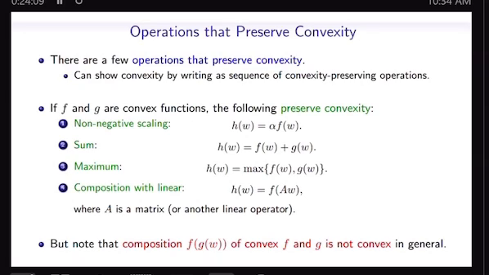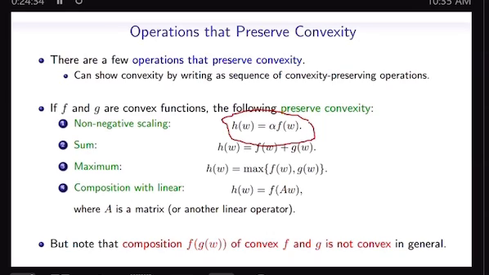So what I want to do now is, let's say for instance, I do this. One second, let me see. If I do that, what am I doing? f of w is convex, and I multiply by a non-negative value.